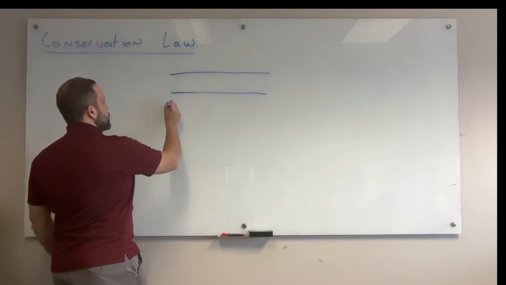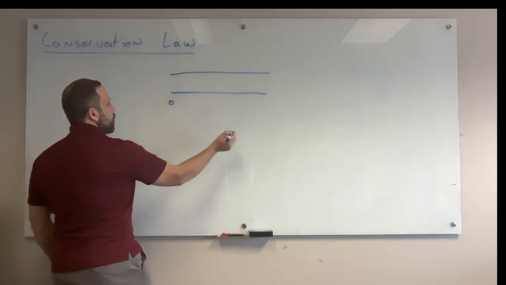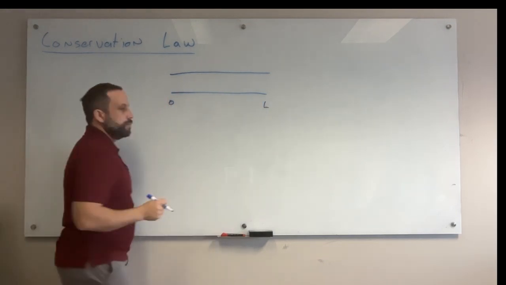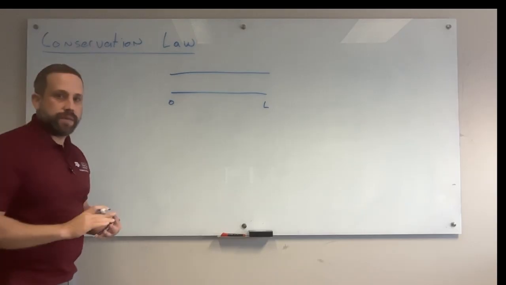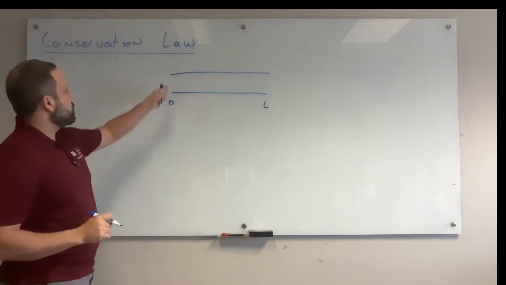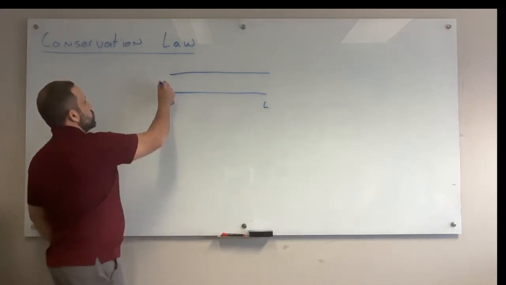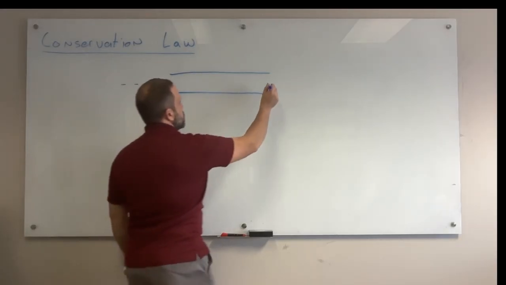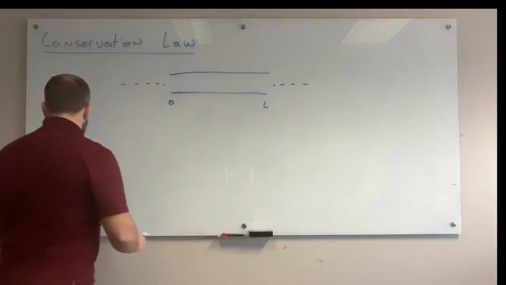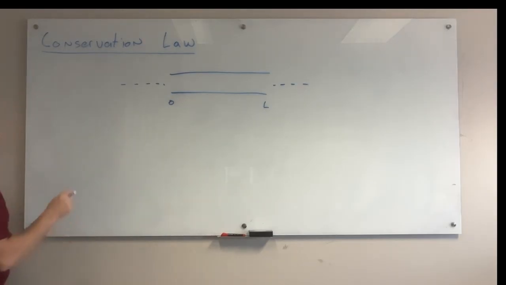We're going to say that this is at the point 0, and this is at the point L. And for the derivation of the PDE, we can either think about there being caps here, so it's a finite length thing, or we can model it as an infinite length thing going off in this direction. Okay, so we're interested in modeling u of x, t.